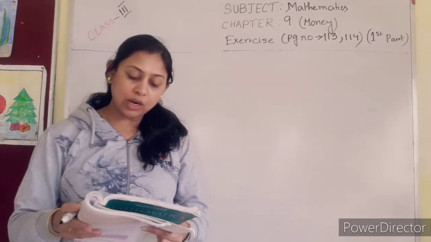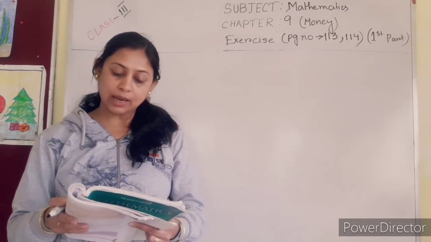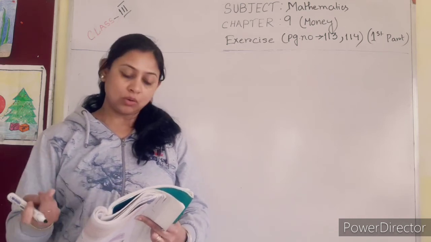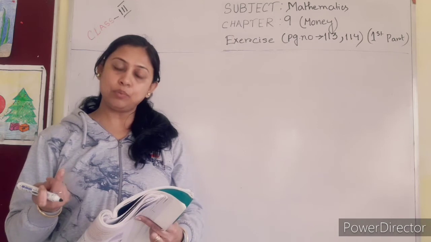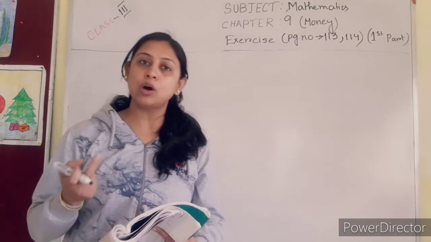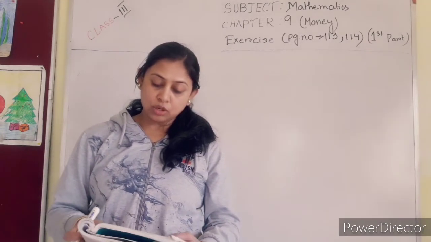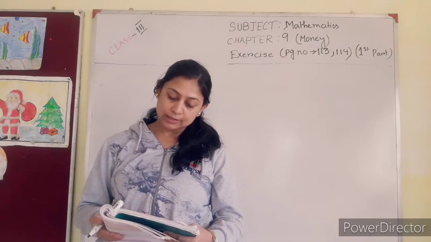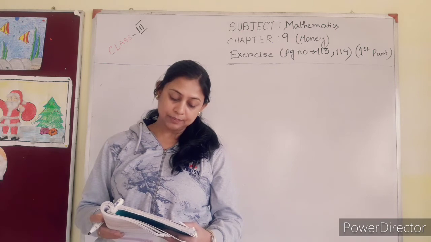Number 11, if one pizza costs rupees 169.75, find the cost of 6 pizzas. You have to multiply to find your answer. So this one is multiplication.